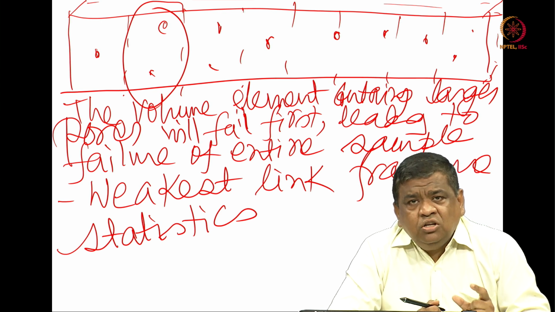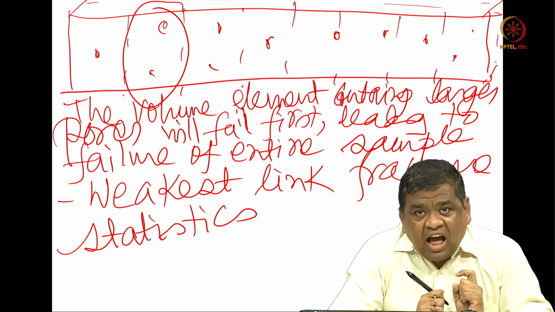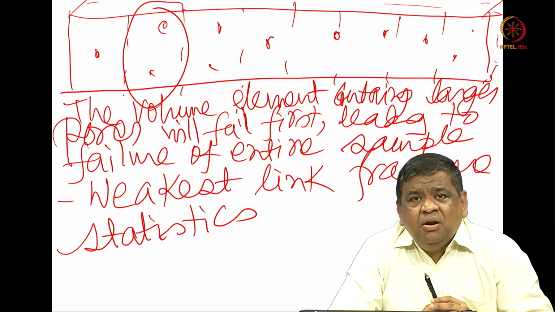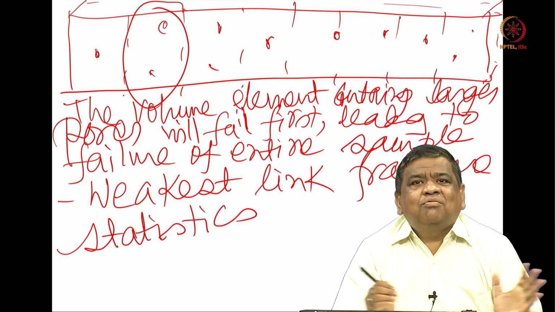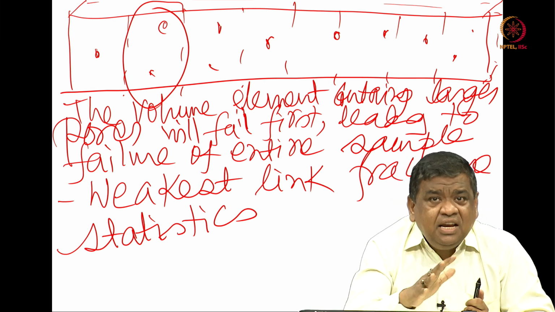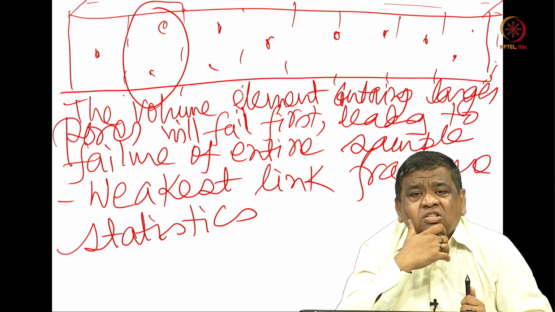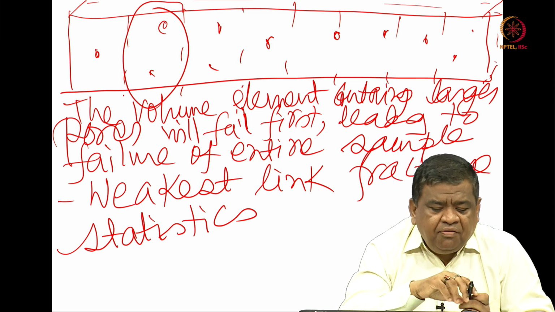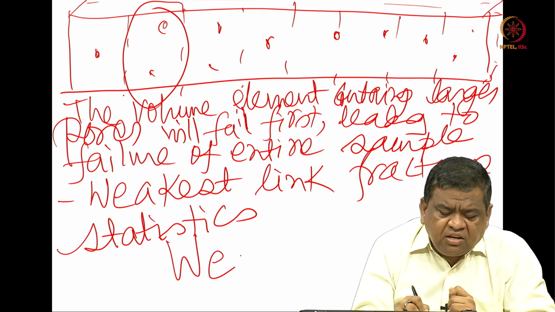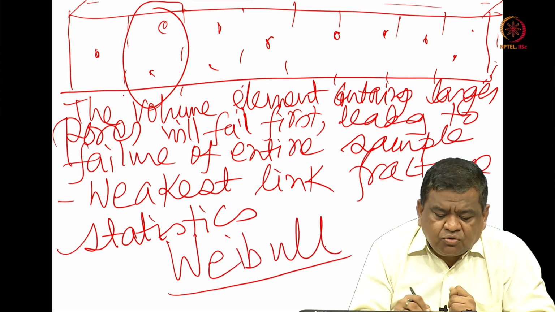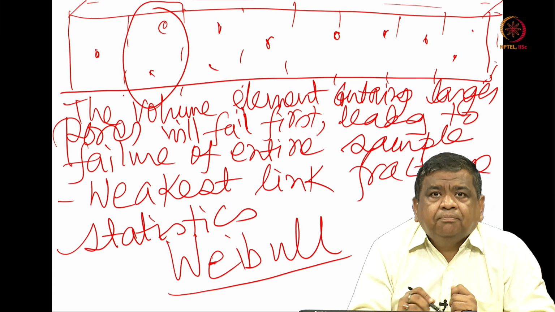Those volume elements are most likely to fail fast, and if that microstructure element fails fast, that will lead to the failure of the entire sample. And that was the basic hypothesis on which weakest link fracture statistics was built, first proposed by a scientist named Weibull, and that is why it is known as Weibull's theory.